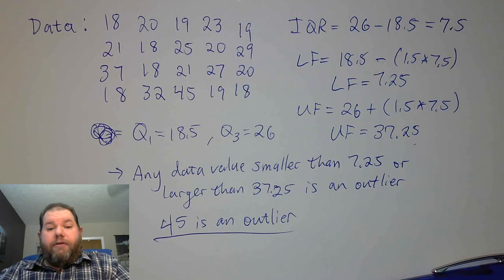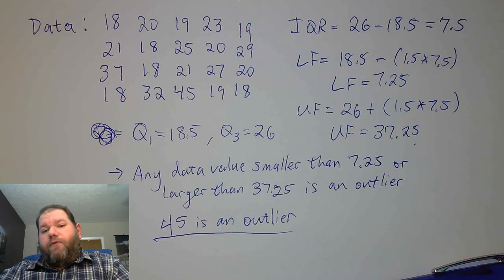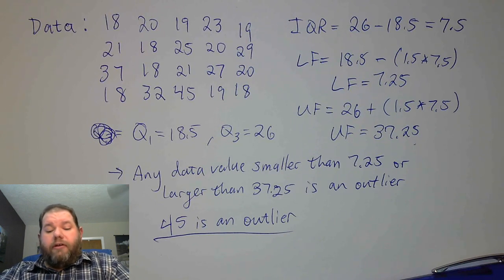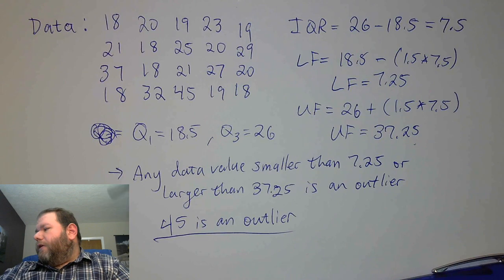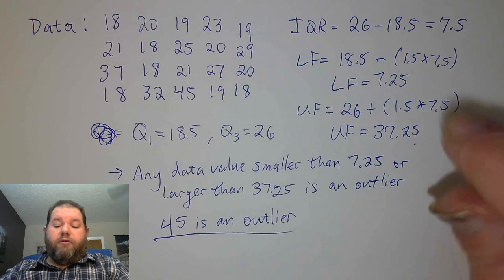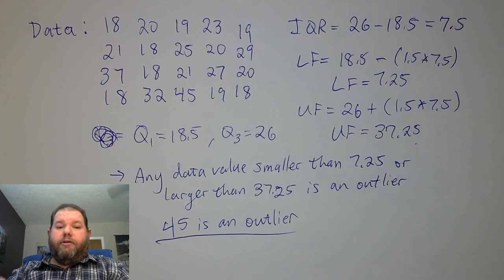So that takes care of section 3.4. Basically, it's on finding quartiles and then outliers, and we did it with two different data sets, so hopefully that nicely illustrates the process. Let's move on to section 3.5, which is on what we call the 5-number summary.